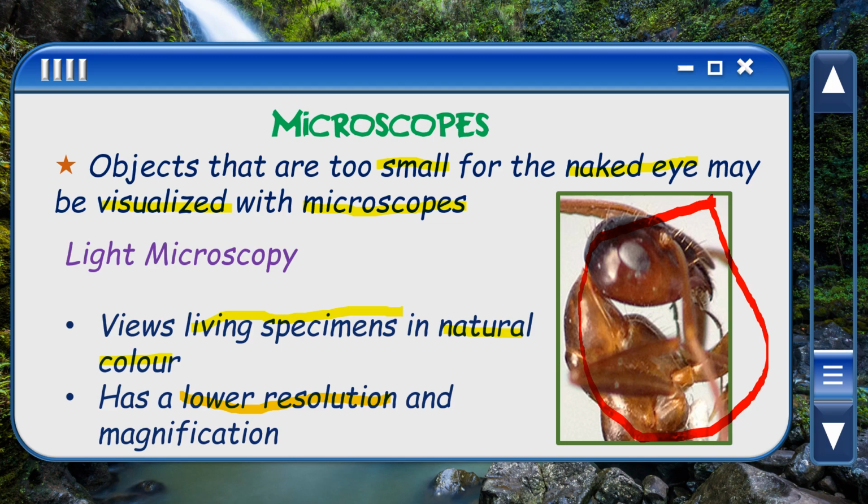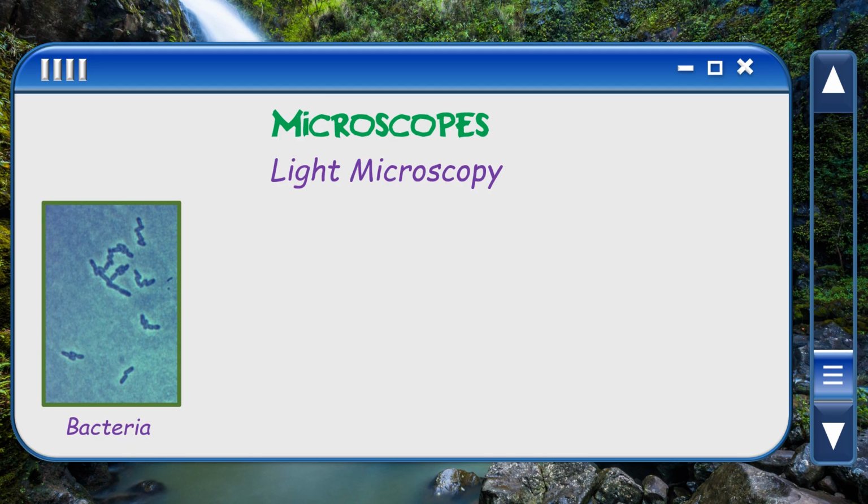If you can separate the two organelles from each other, that is what we call resolution. So the light microscope has a lower resolution, and even its magnification is also very low.